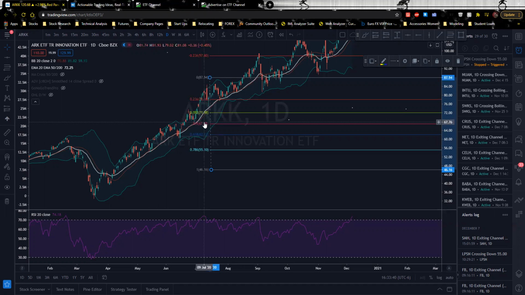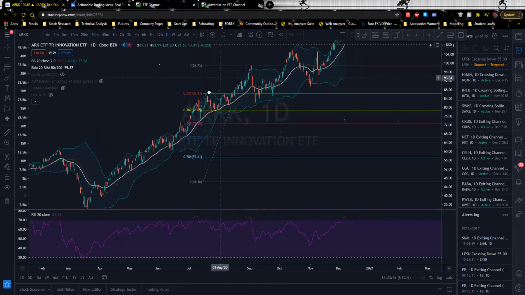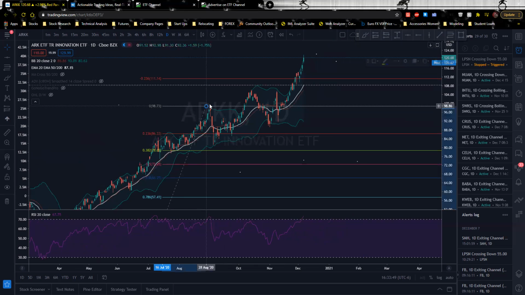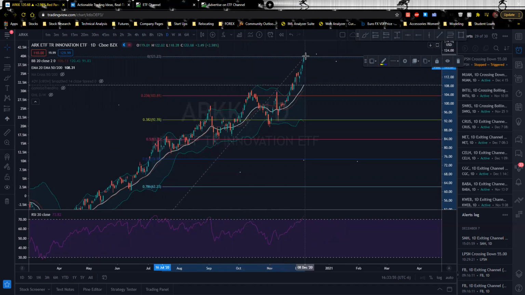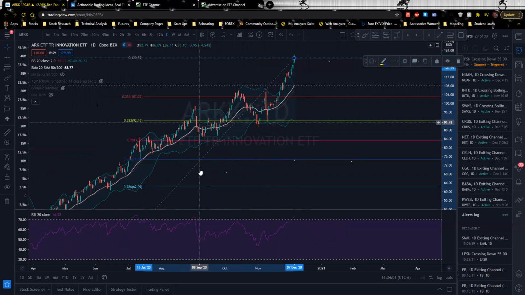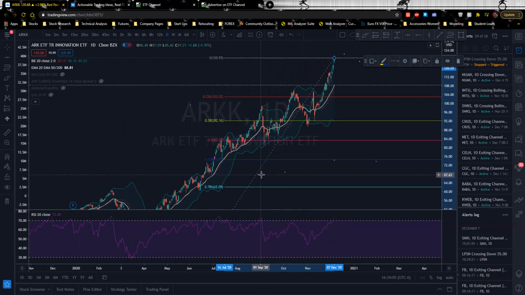The way it works is that if you're looking for a pullback, you will set your zero level, your ground level, at a certain high point, looking for a certain retracement. Usually, I like to use the body of the candle. Some people like to have it at the top of the wick.